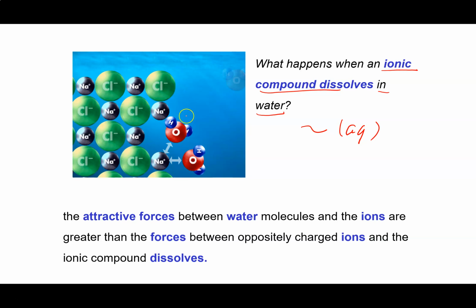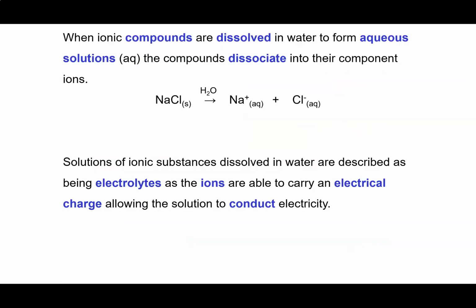So if the forces of attraction between the solvent and the ion are greater than the forces of attraction of the ion to the crystal, then the substance will dissolve. And what are we going to be left with when that happens? We're going to be left with individual ions surrounded by water molecules in the solvent.